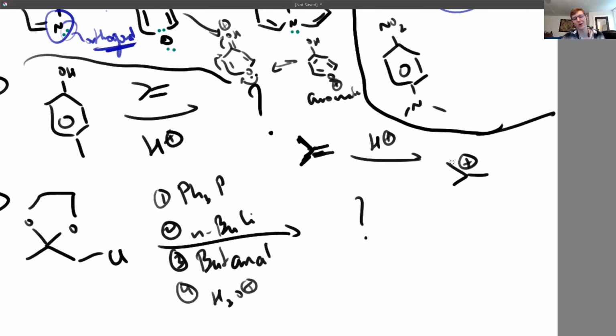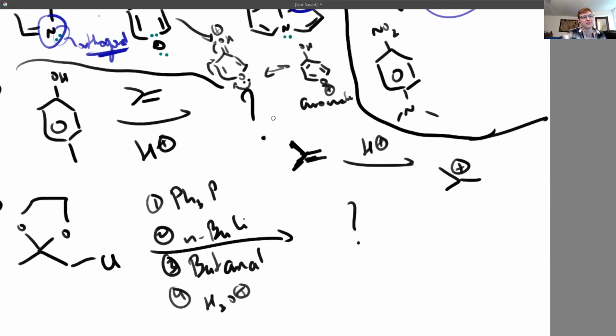And what do cations do with aromatic compounds? Let's see. Cations, rearrangement. They'll substitute onto an aromatic compound. Yeah, they will.